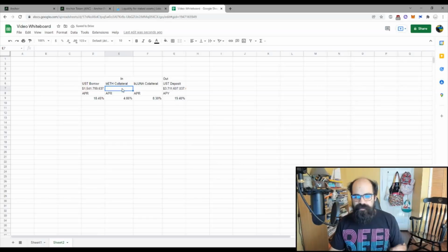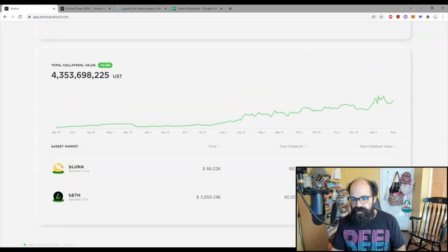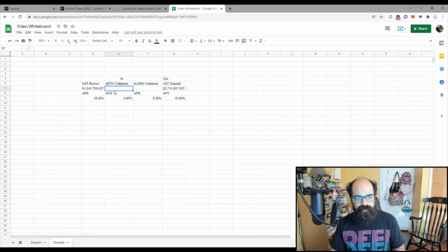Now we need the B-ETH collateral. We need the B-Luna collateral, or how much of that is collateralized. Luckily, they do it in dollar amount for us, so we can just say 4 billion, because we're so close, right? We'll give them the benefit of the doubt. That's a lot of money collateralized. Okay, 4 billion.